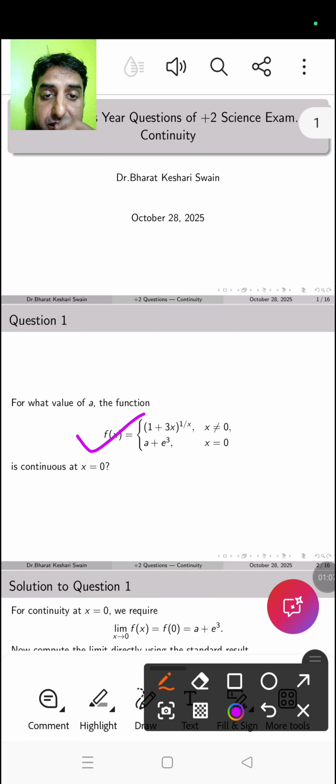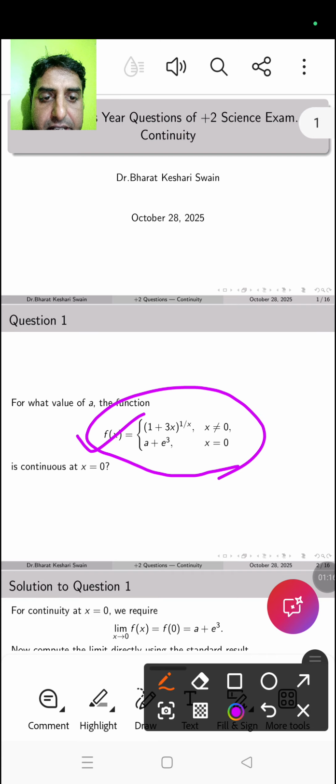So what is the question asking? The function is given and it is continuous at x equal to 0, and we have to find the value of a for which this function will be continuous.